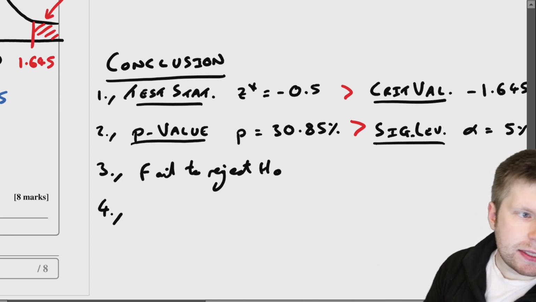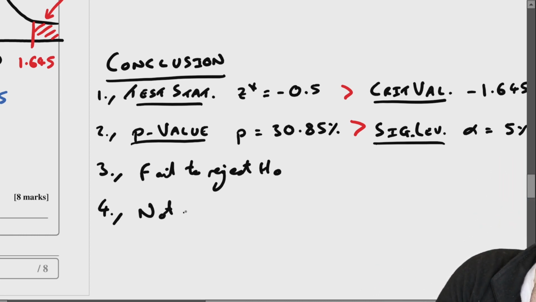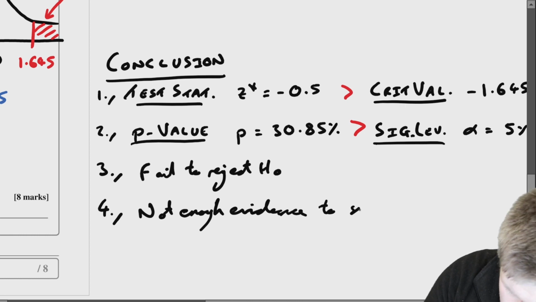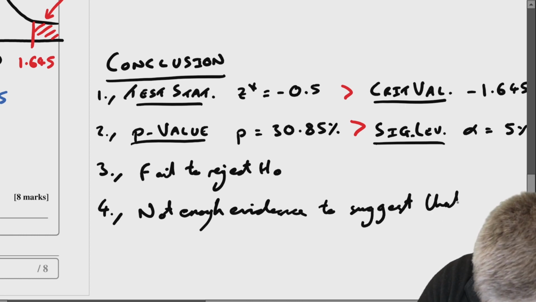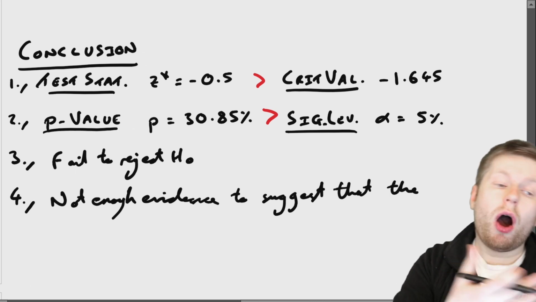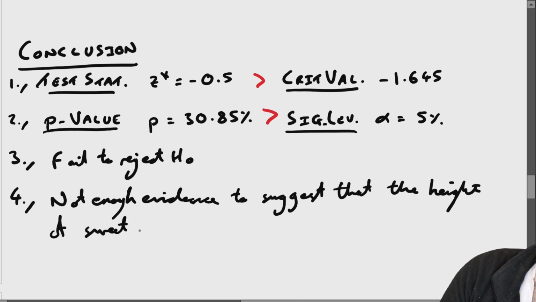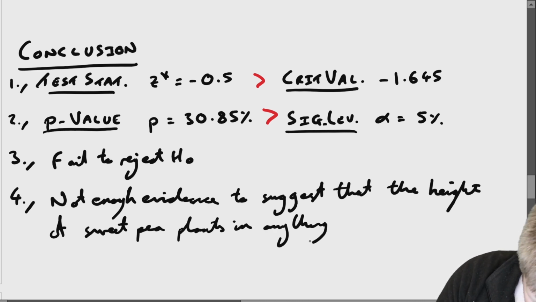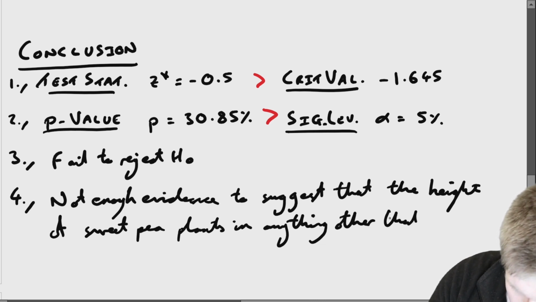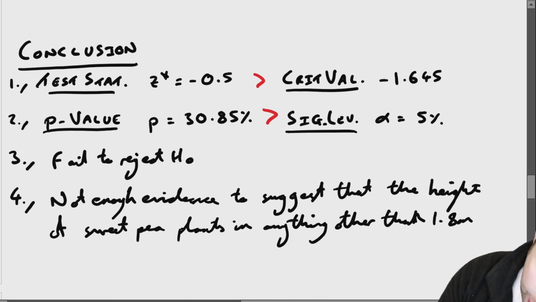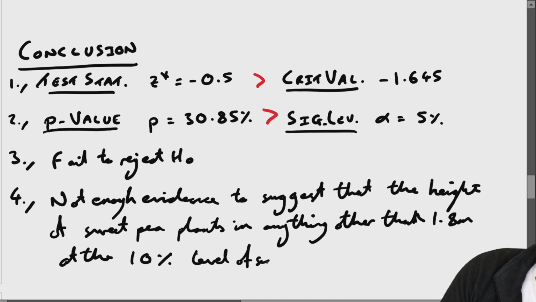In other words, I have said that there is not enough evidence to suggest that the height of the sweet pea plants is anything other than 1.8 meters at the 10% level of significance, okay? Okay, so hopefully that makes sense.